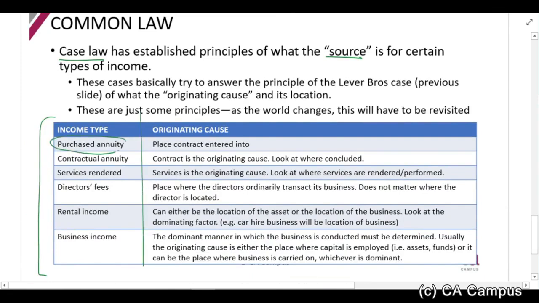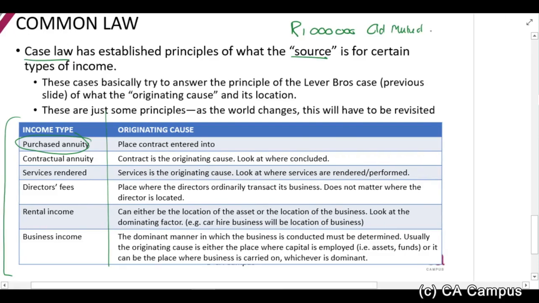A purchased annuity. A purchased annuity is where you pay to receive money on a regular basis. So for example, I pay, let's say, R1 million to Old Mutual, and Old Mutual then promises to pay me 10,000 rands per month until I die.